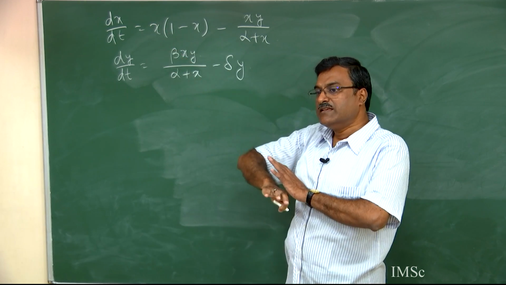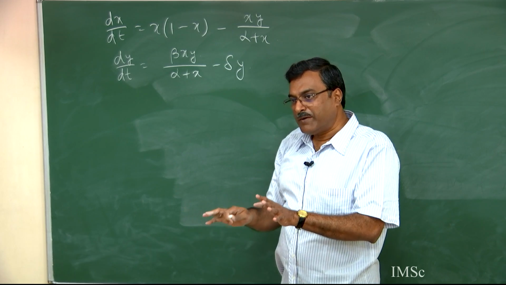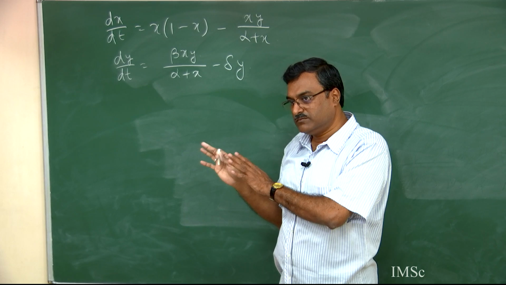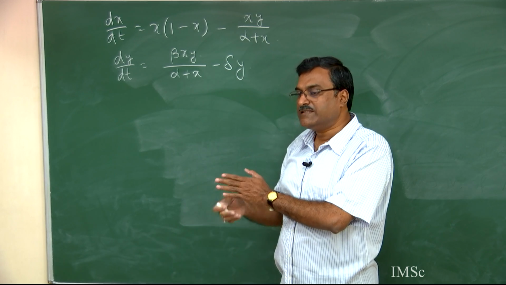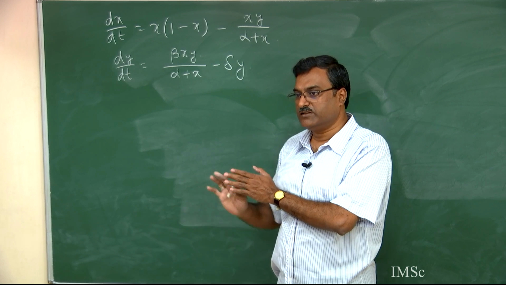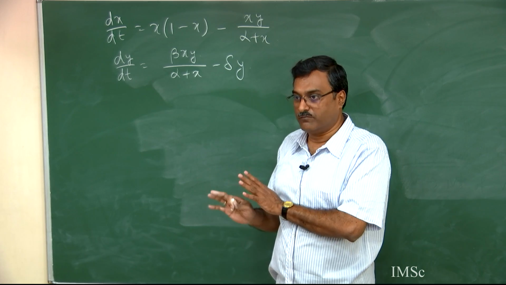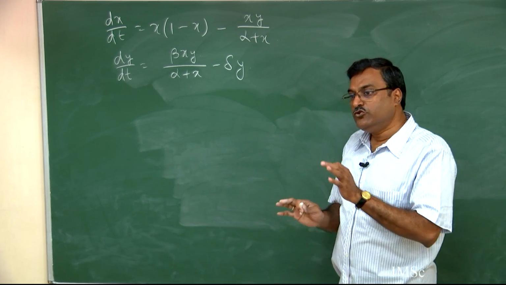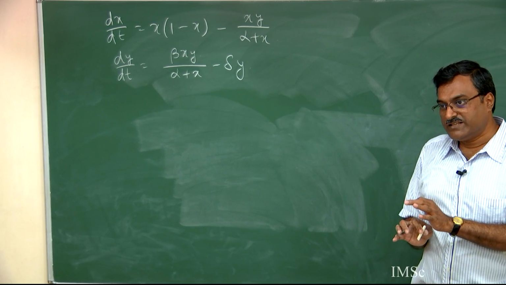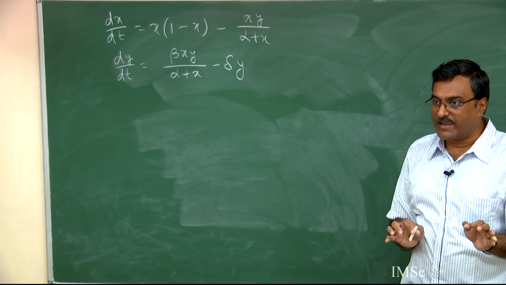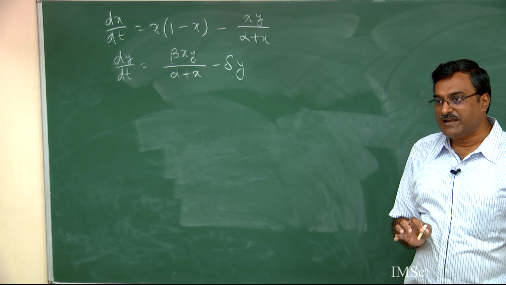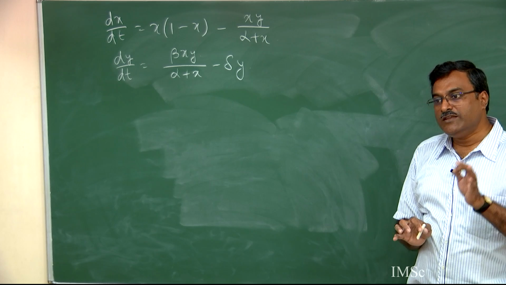So there are several possibilities by which you can choose the non-dimensional scheme, giving different types of non-dimensionalized version. The non-dimensionalized version is not a unique form; rather you non-dimensionalize the model in order to simplify your algebraic calculation to understand stability and bifurcation behavior, but there is no unique way.